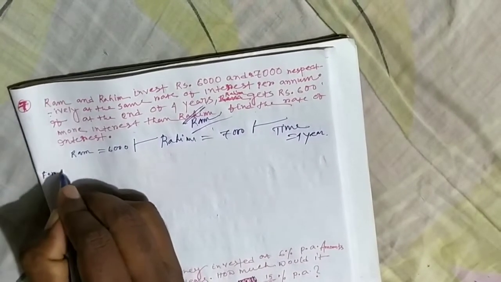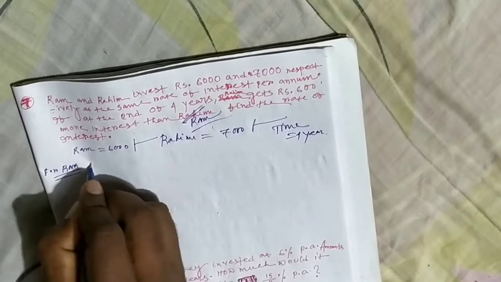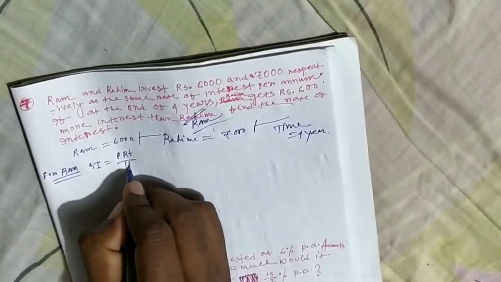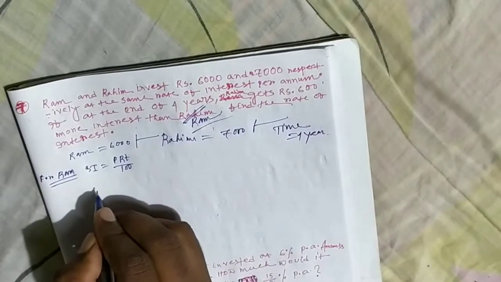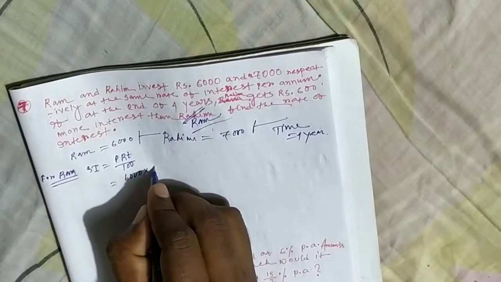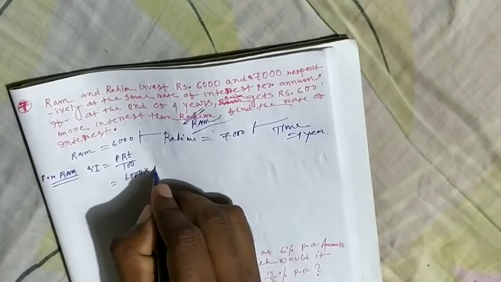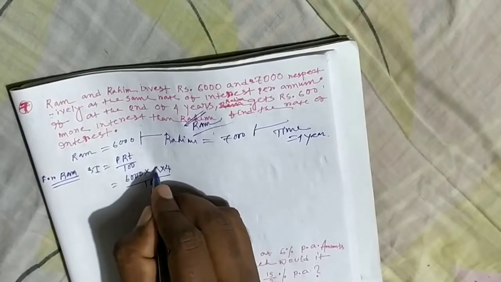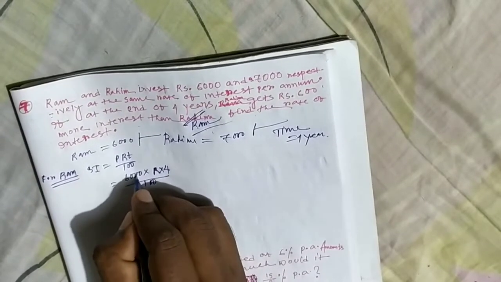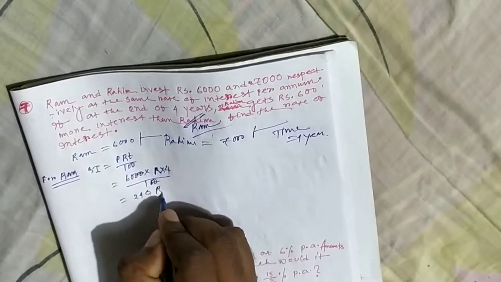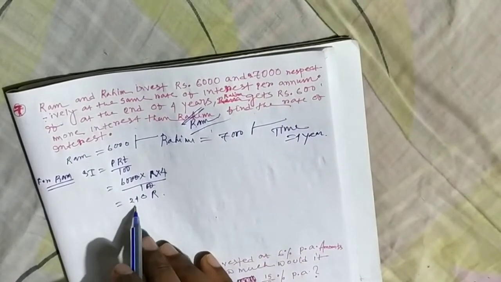For Ram, SI is equal to PRT by 100, R is equal to, T is equal to 4 by 100. SI is equal to 240 R.